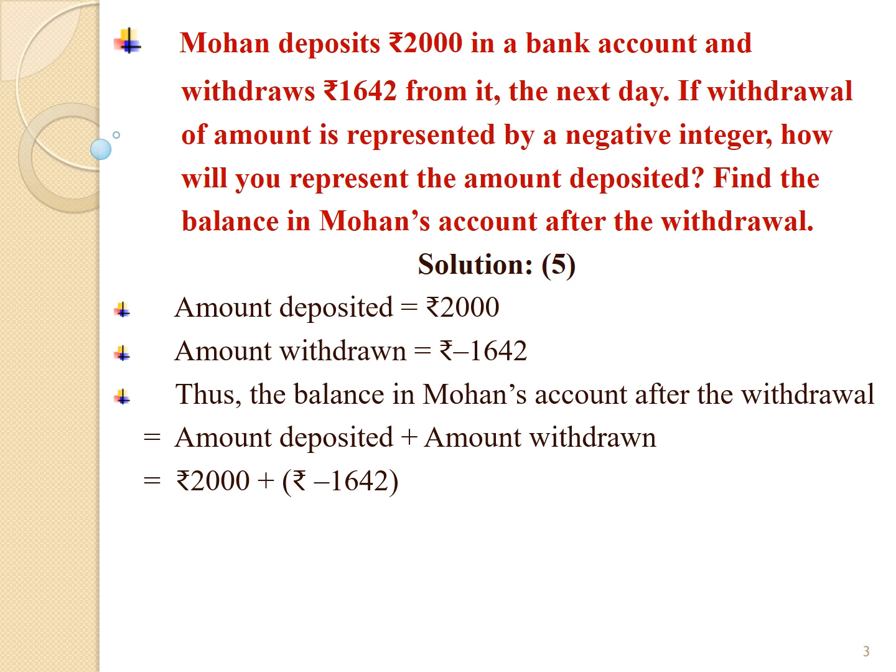Now, subtracting 1642 from 2000, as the integers have different sign, and also subtracting 1642 from 2000 as whole number, we get rupees 358. Thus, balance in Mohan's account after withdrawal is rupees 358.